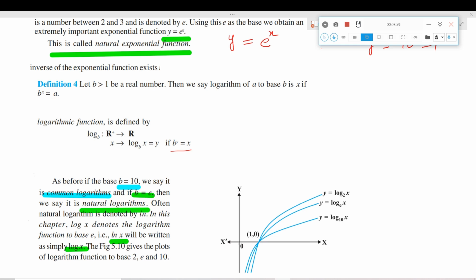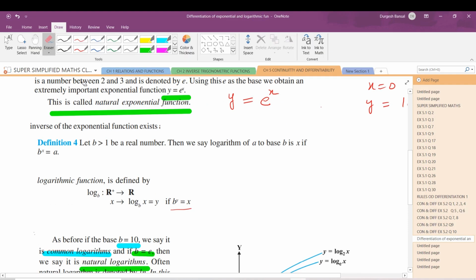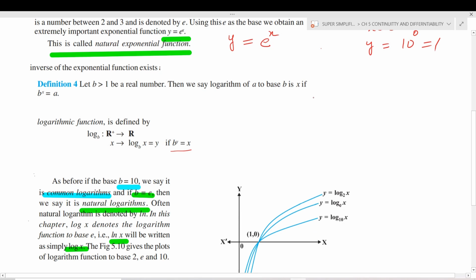Now we study the inverse of the exponential function. Now students, suppose you have an expression b raised to the power x is a, then you can call it the logarithm of a to the base b is x.